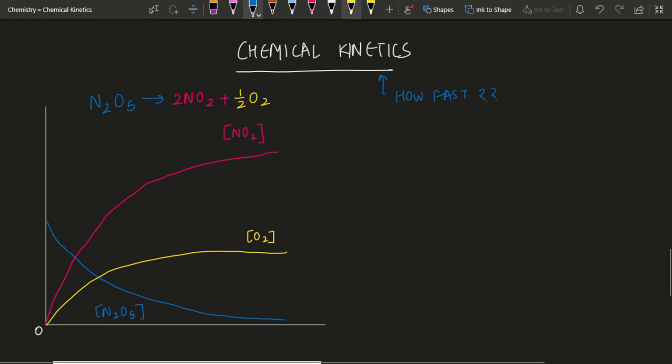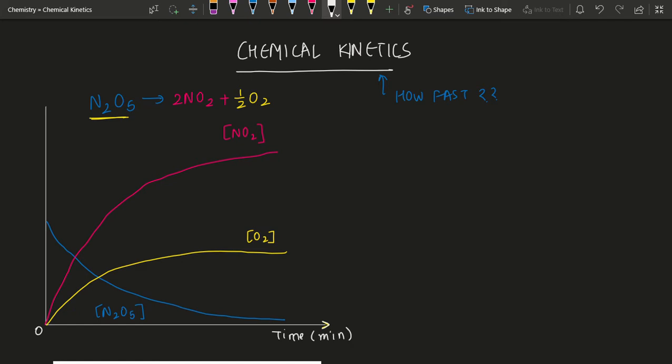So, for instance, let's take one of the most common examples taken throughout chemical kinetics, the reason being there has been so much research about it, and it is the decomposition of dinitrogen pentoxide. On one axis you take the time in whatever units you want, minutes or seconds.